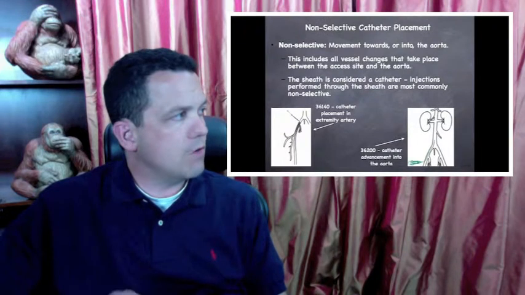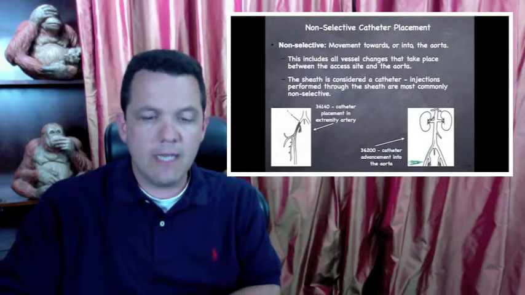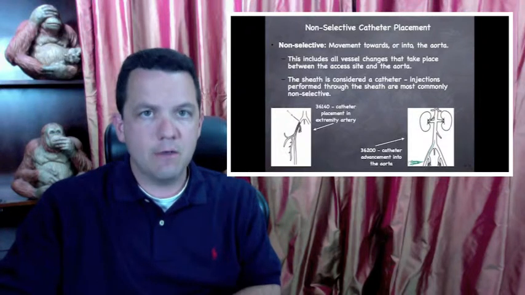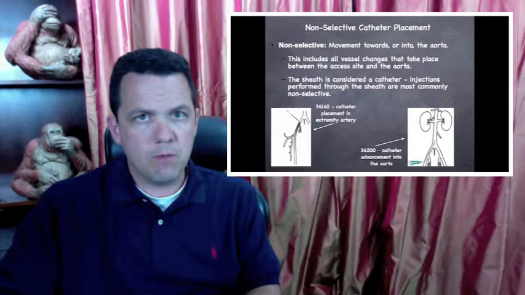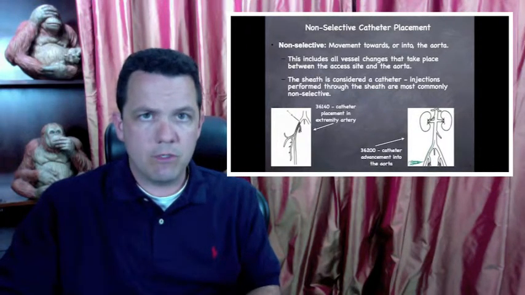The first set of codes and rules that I want to focus in on is the catheter placement, which again is going to apply to all purely diagnostic procedures, and in some cases it will also apply to interventional procedures. When coding for the catheter placement with peripheral vascular services, there are two broad sets of codes that we have to choose from.